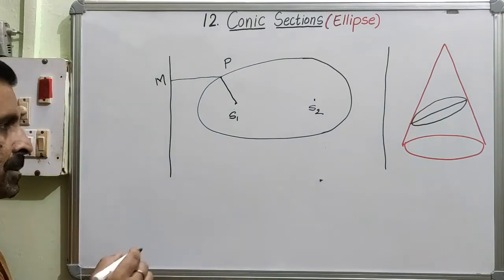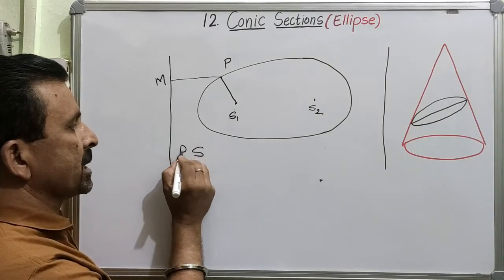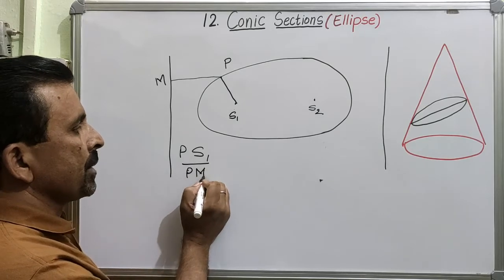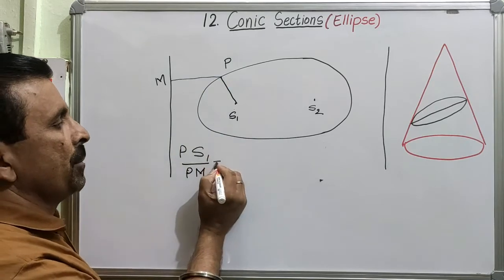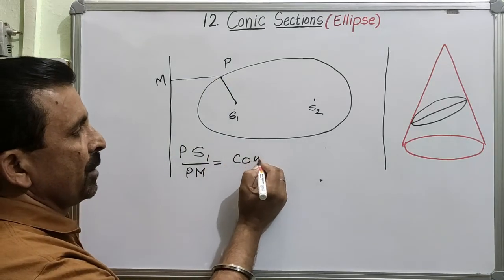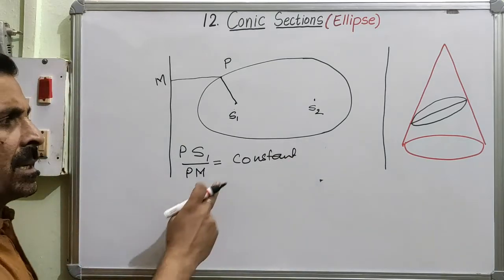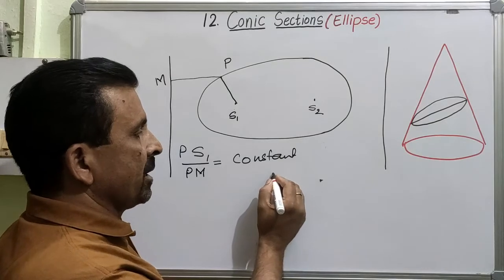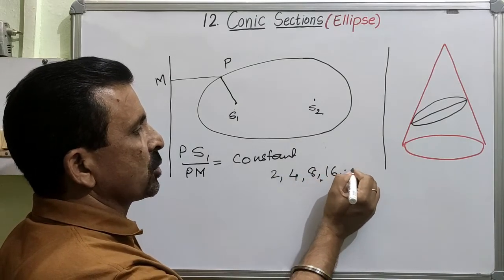In the case of ellipse, the ratio of PS1 and PM, these two distances are not the same, but the ratio of these two will always be a constant, right? This is somehow like geometric progression. If you remember, in the geometric progression, you had the terms 2, 4, 8, 16, and so on, right?